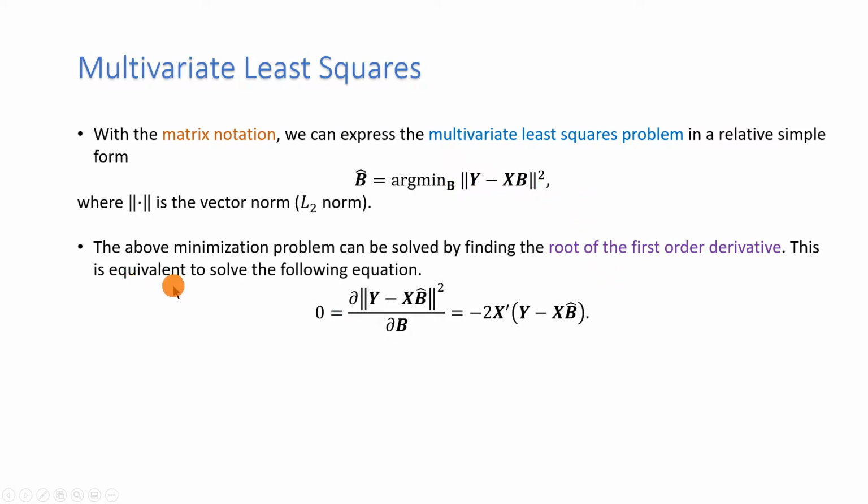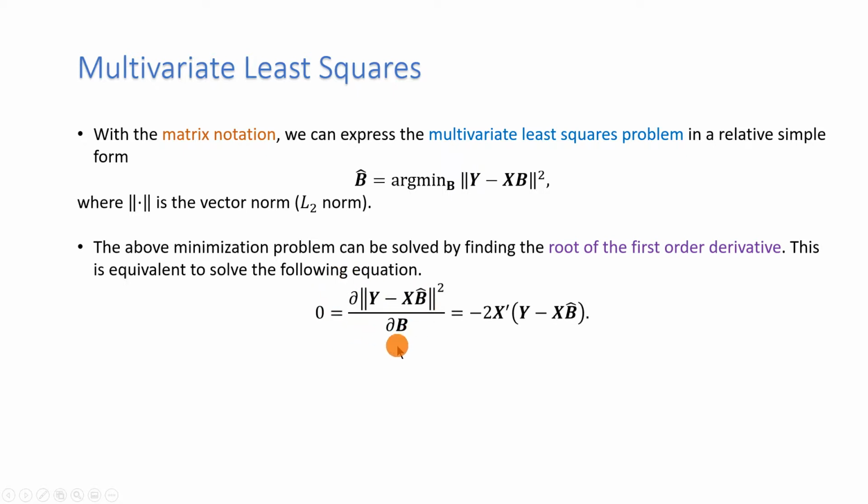This is equivalent to solving the following equation: you calculate the partial derivative of this L2 norm with respect to this vector B, and set this partial derivative equal to 0, which gives you an equation here, right? And the b hat is the solution that makes this equation hold.